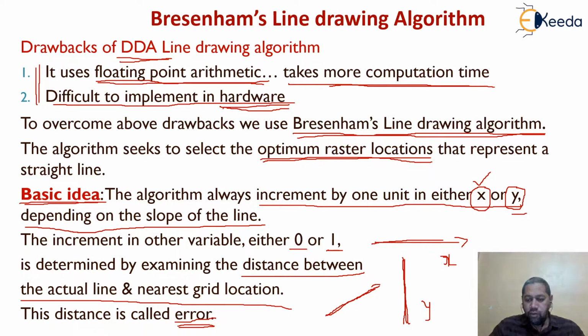Now, whether to increment y or not, whether y will be incremented by 0 or 1, depends upon the term called the error term. It depends upon the distance between the actual line and the nearest grid location, and this is what happens in the Bresenham line drawing algorithm.